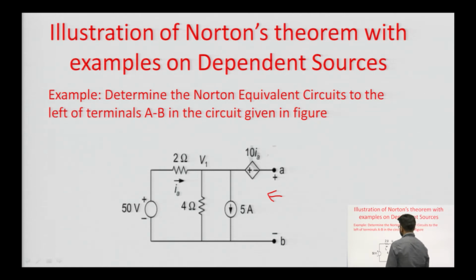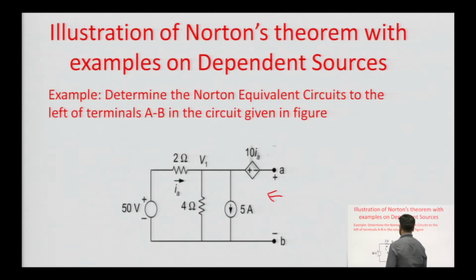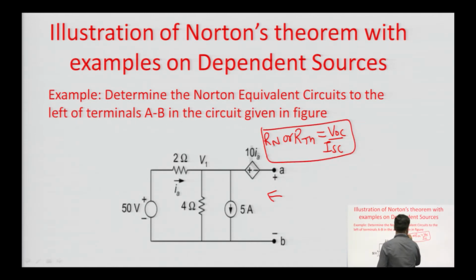Now, the procedure will be the same. In case of dependent source, RTH or RN is always equal to VOC, the open circuit voltage, divided by the short circuit current.